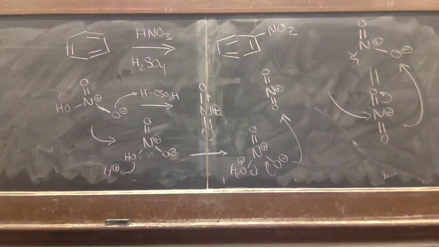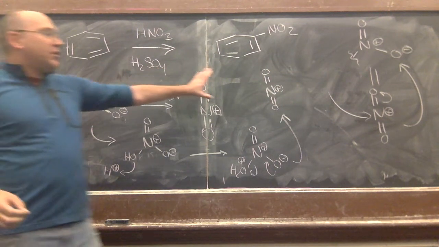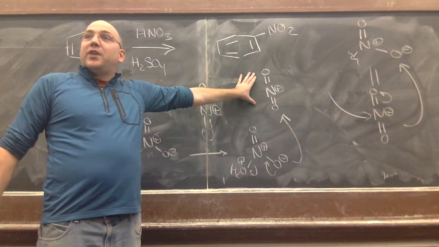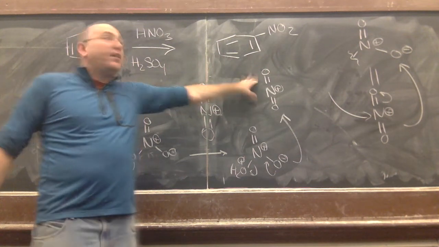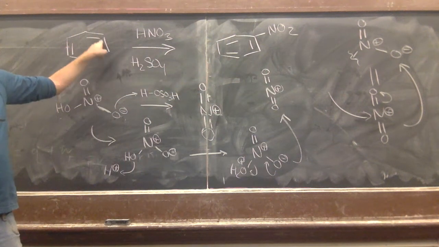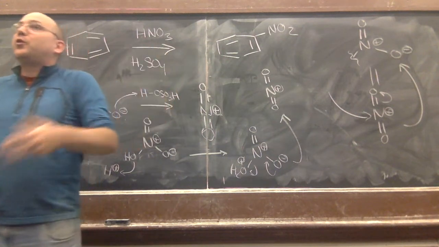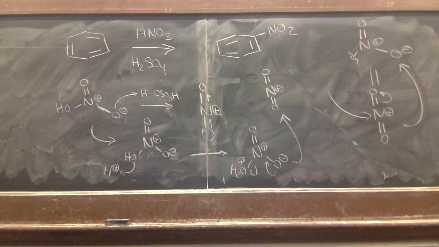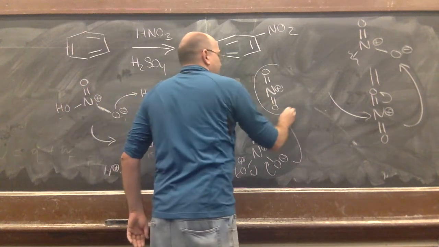Okay, and so we'll lose water and we'll effectively get to this intermediate. So this is ultimately your electrophilic source. Now if you use this as your electrophile, I'm sure you guys could carry that through. This will attack, you'll end up with your nitro group and then you'll do your elimination. But again, the critical point is generating the electrophilic source, which is this.